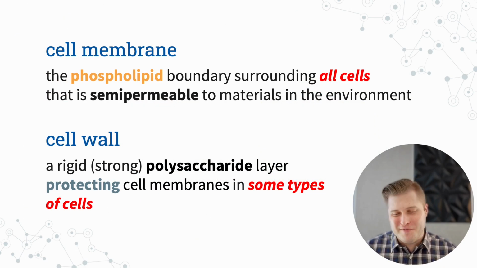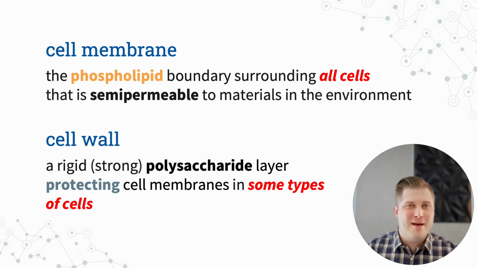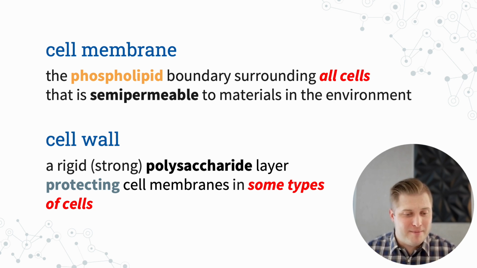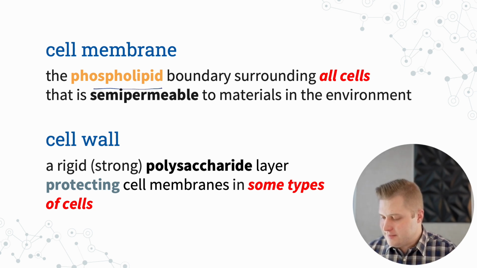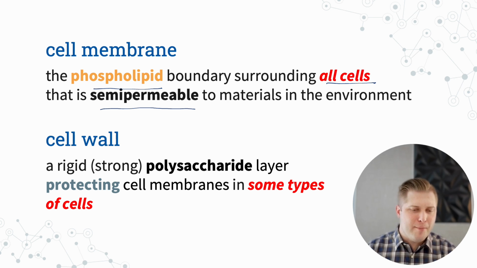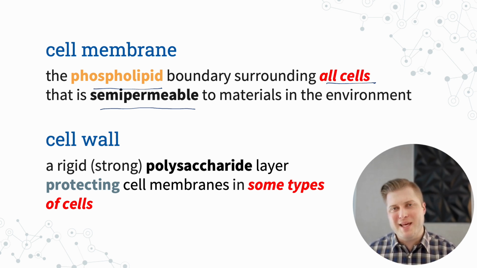Here are your terms for putting that down in your notes. All cells are going to have a cell membrane, but pretty much just the plants and then a few other things like bacteria and archaea may have a cell wall. So the cell membrane is the phospholipid boundary surrounding all cells, and it is semi-permeable. Permeable has the idea that something can get through that boundary.